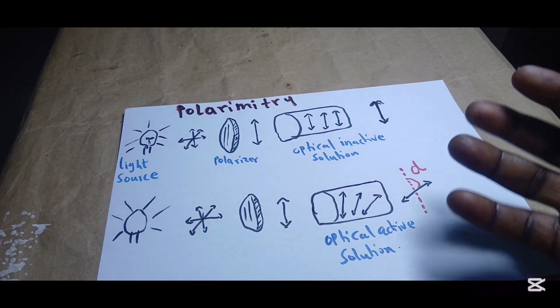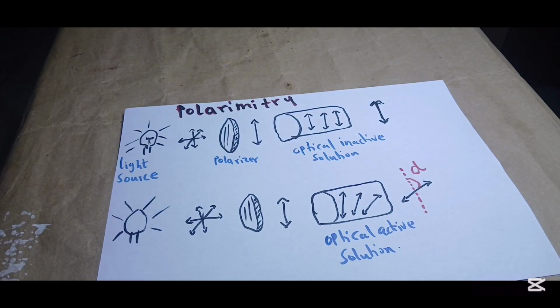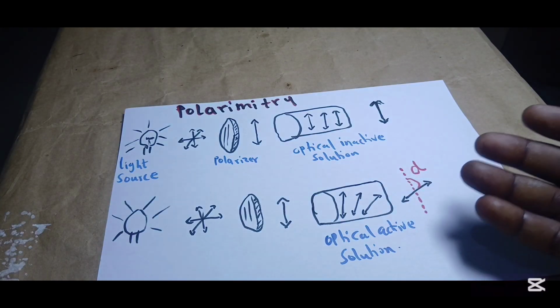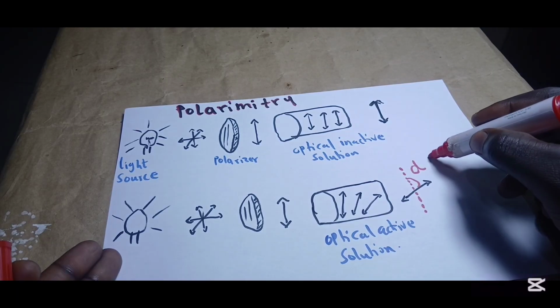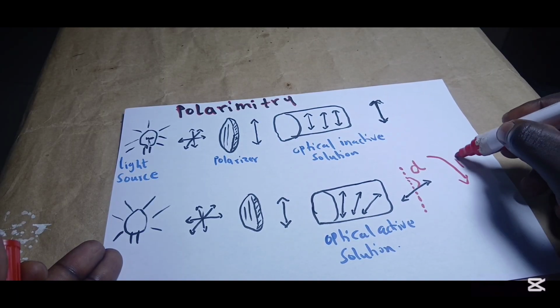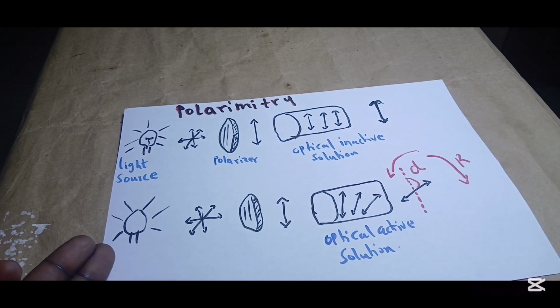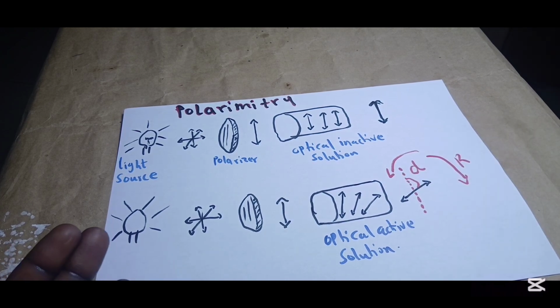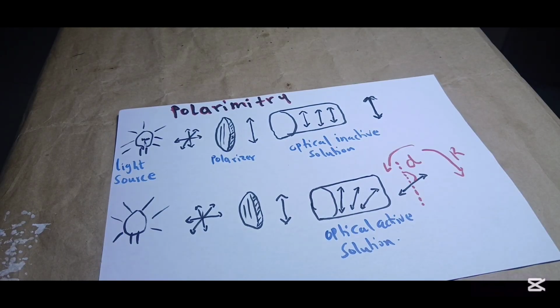So if you are given a solution and you pass a polarized beam of light through the solution, the beam of light may form an angle turning to the right-hand side, or form an angle turning to the left-hand side. To the right-hand side, we call it dextrorotatory.